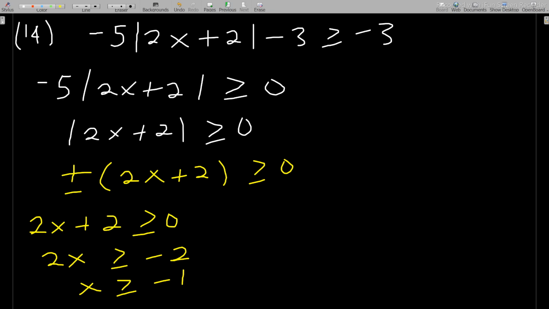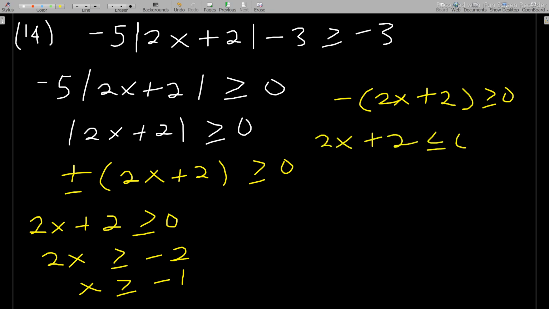Now let's check the other one. With a minus one, I have minus into 2x plus 2 greater than or equal to 0. So I divide through by negative. I have 2x plus 2 less than or equal to 0. So I have 2x less than or equal to negative 2. x is less than or equal to negative 1.